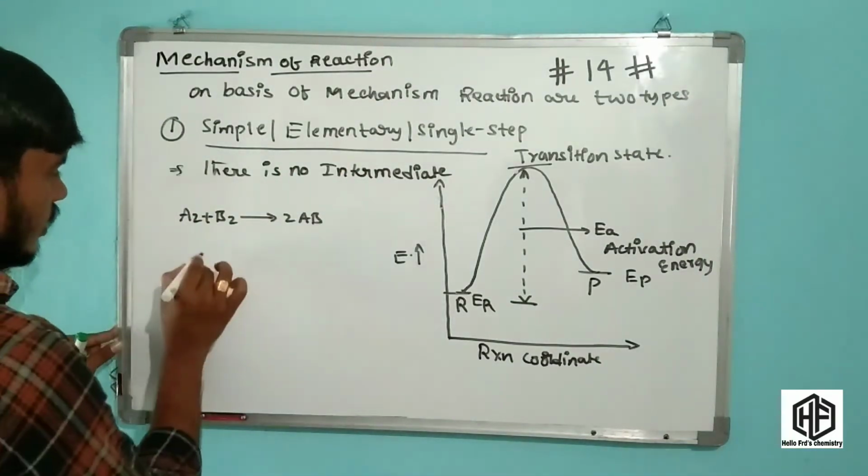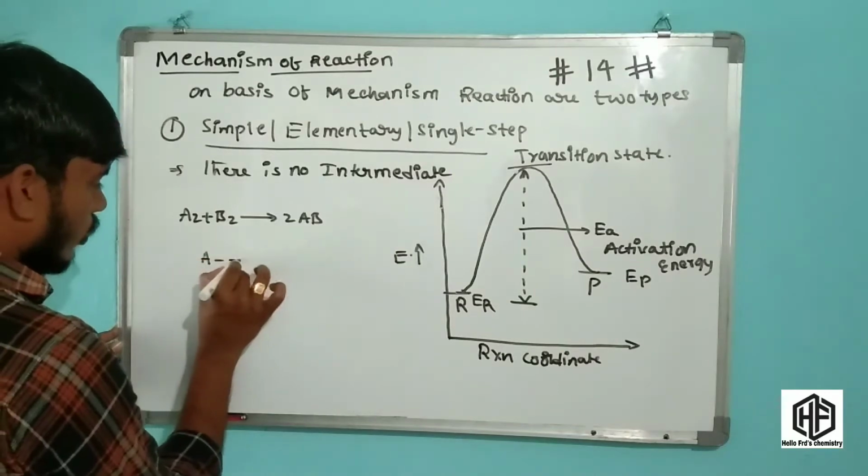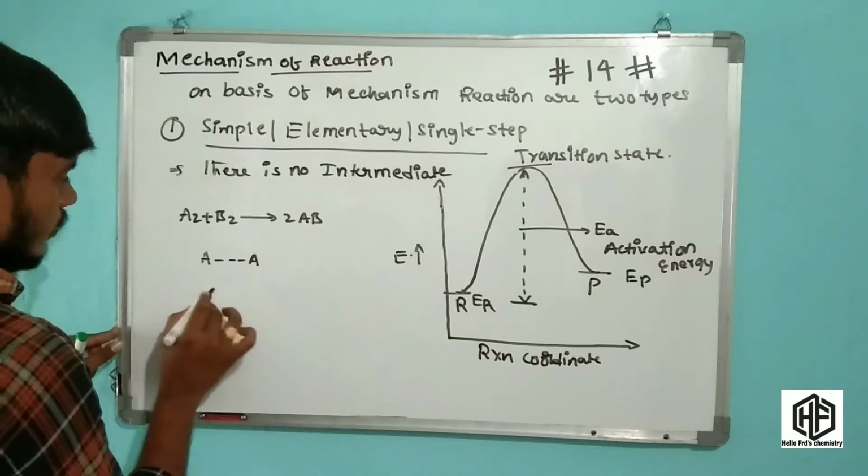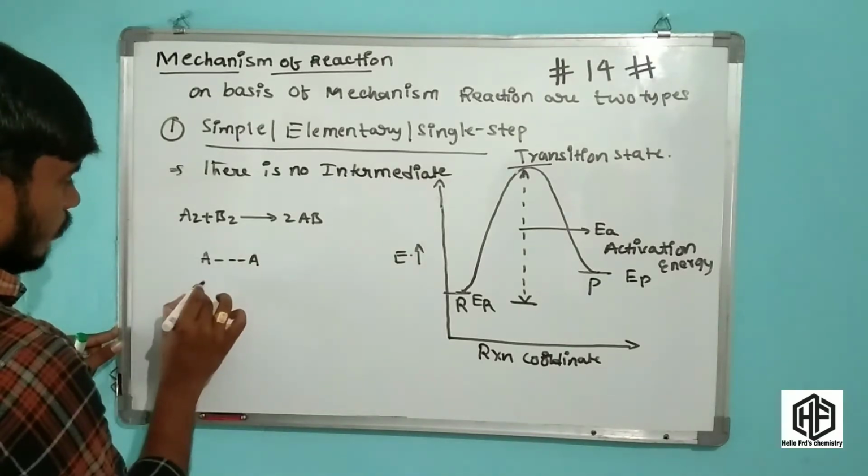Now the transition state is like this. A is partially bound to A in the A2 molecule, and B is partially bonded like this.